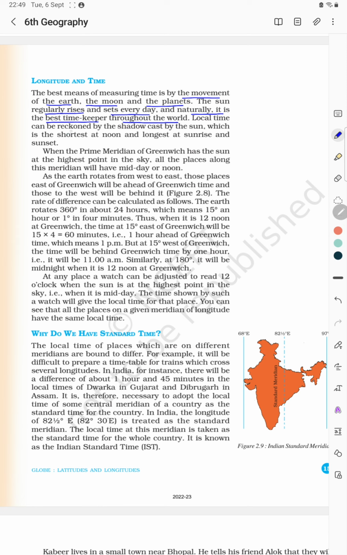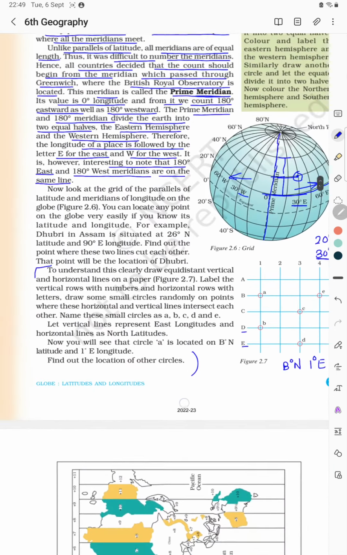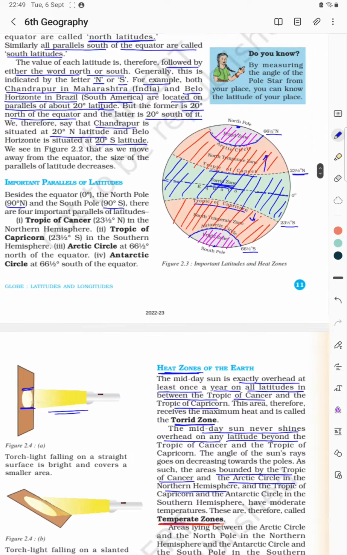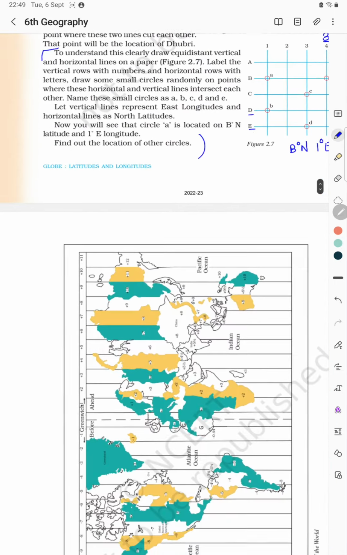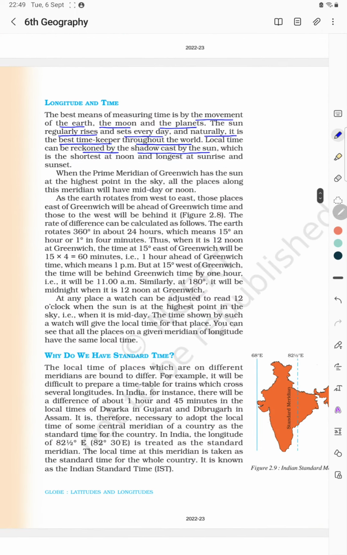And the local time can be reckoned by the shadow cast by the sun. As we have seen in the torrid zone, in this zone the sun will be overhead at least once a year. From this we can see the shadow cast by the sun, which is shortest at noon and the longest at sunrise and sunset. So from this we can fix the time accordingly.